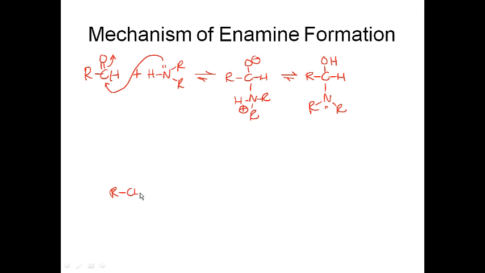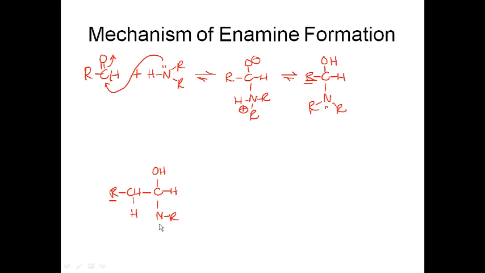What then happens is that there's usually a CH2 group that's attached to, so in other words, this R group is made up of a smaller R group and a CH2. And so it still wants to form a double bond. It still wants to eliminate.